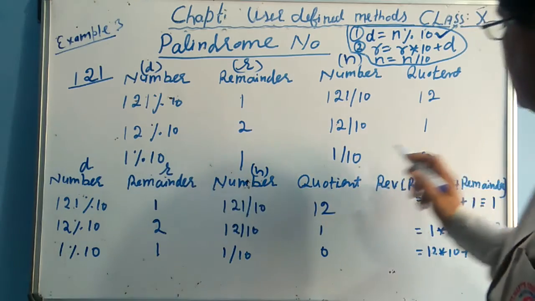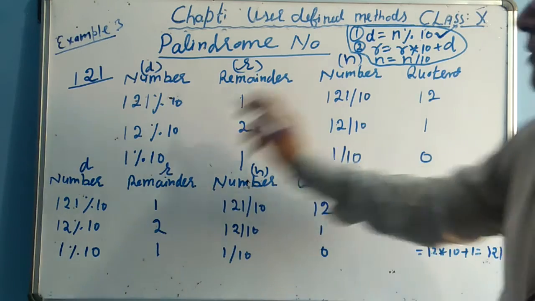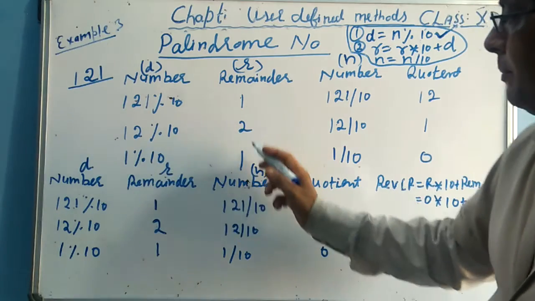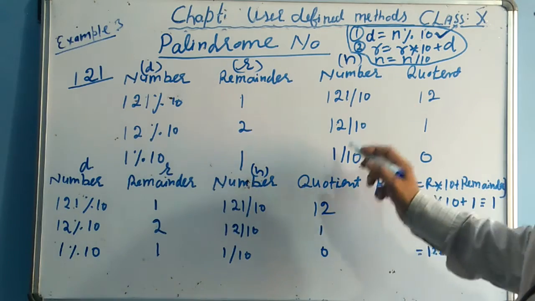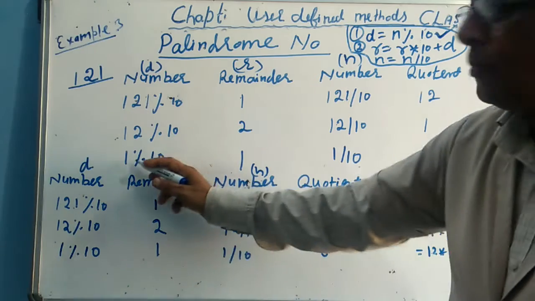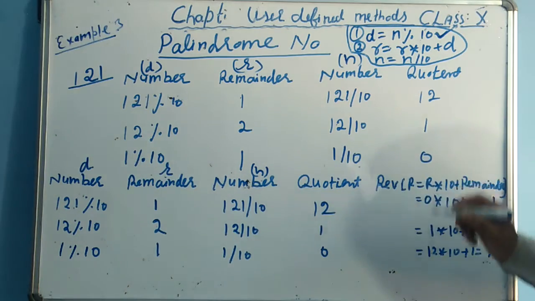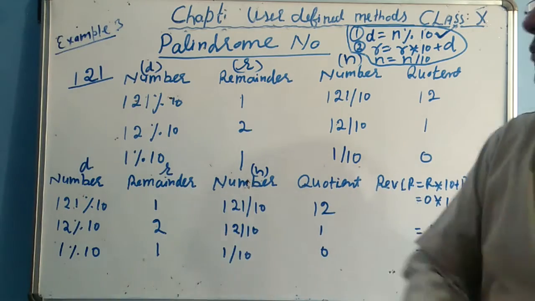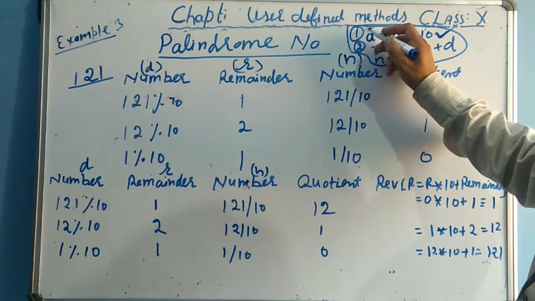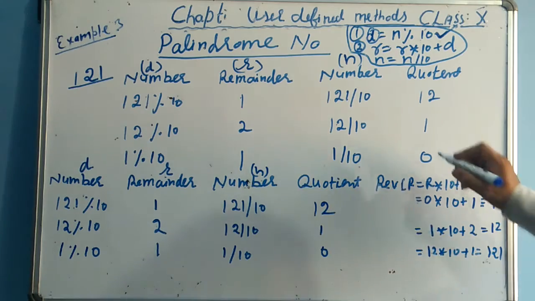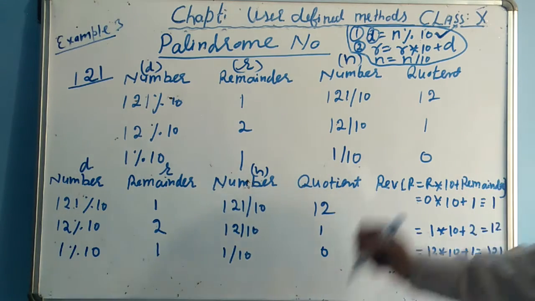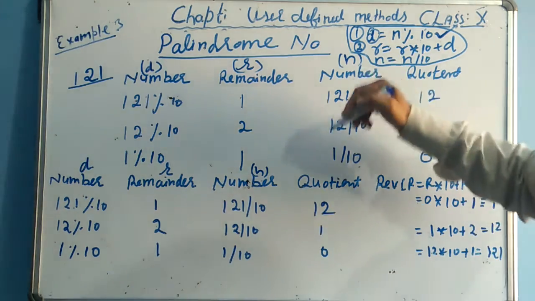The quotient is 1, modulo by 10, the remainder is 1, and 1 divided by 10 gives quotient 0. It means it continues till the value of this number becomes 0.